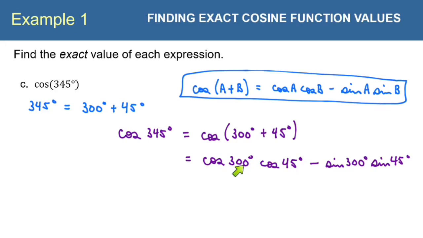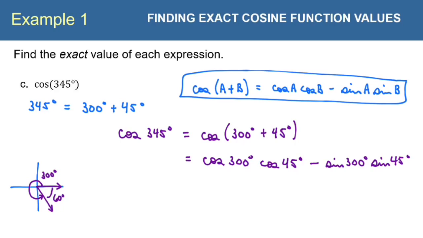And now we need to substitute in our known values, but of course you might not have the values for sine and cosine of 300 degrees right off the top of your head. Let's draw ourselves a diagram, and remember that a 300 degree angle is in the fourth quadrant. It will have a 60 degree reference angle.